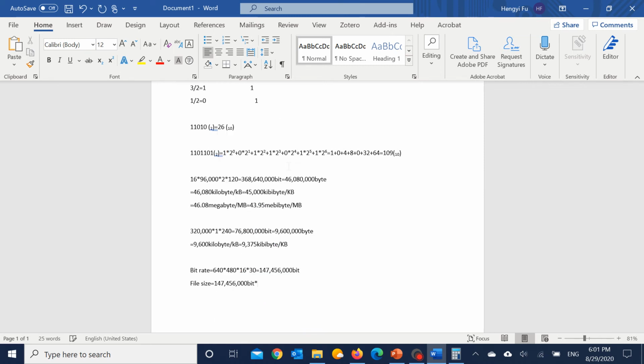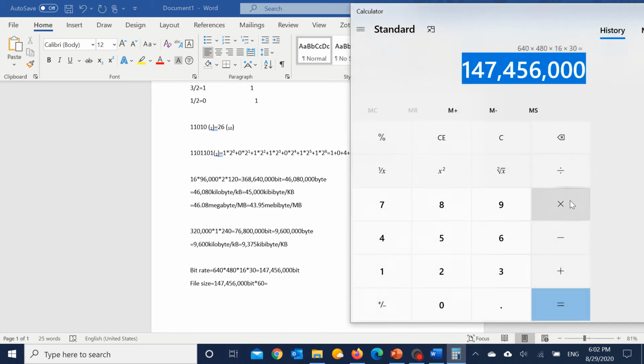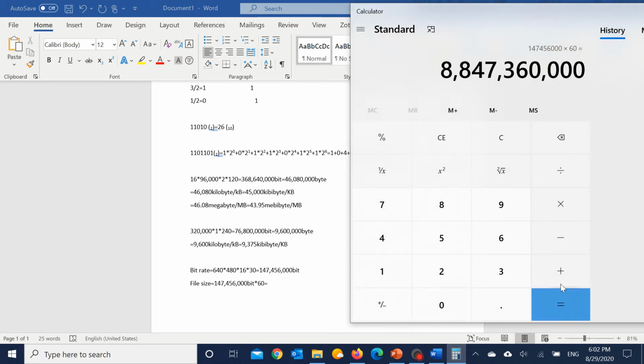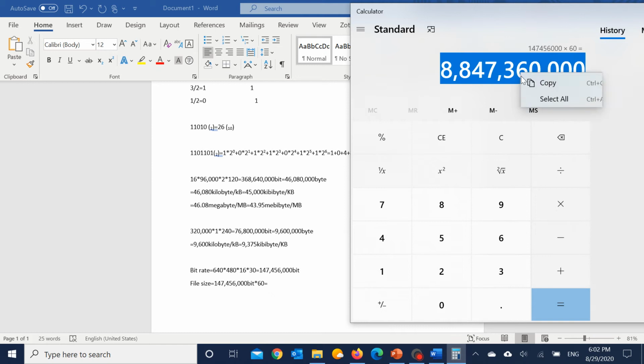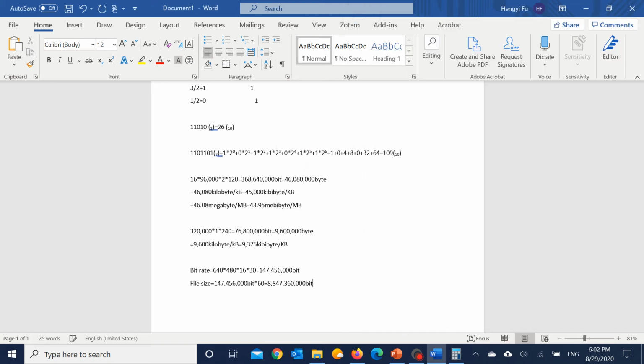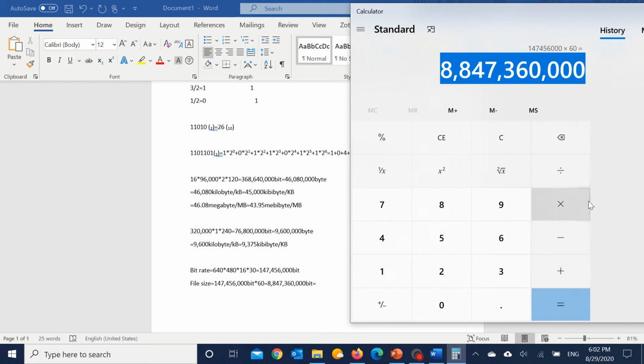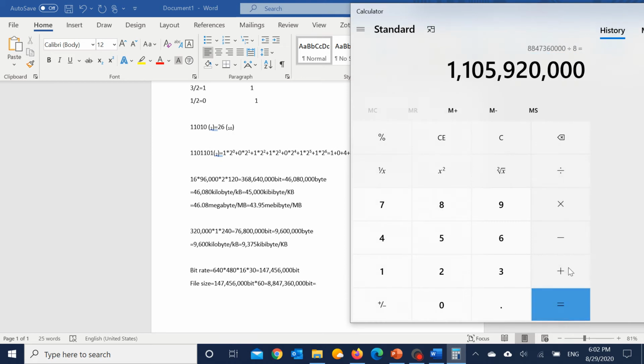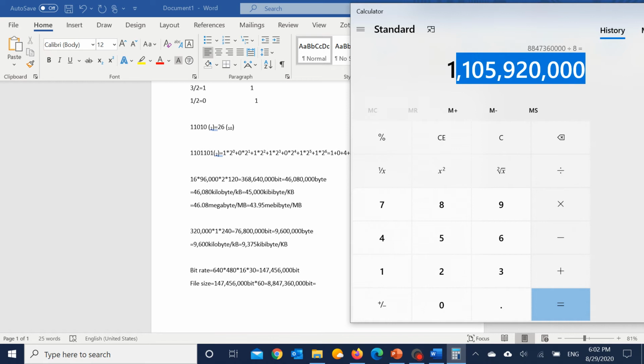One minute, 60 seconds. This is a really large number. Divided by 8, still very large.